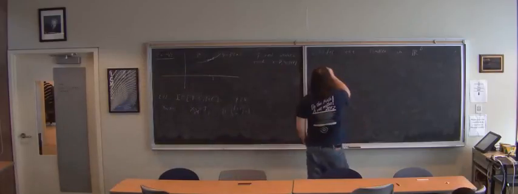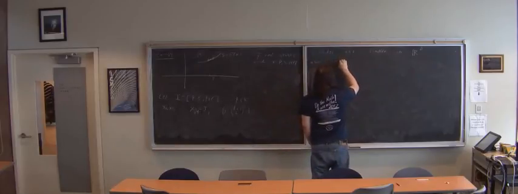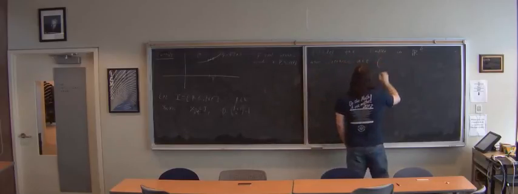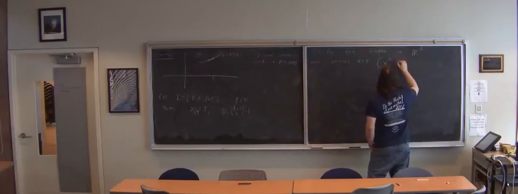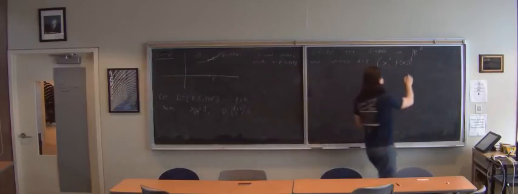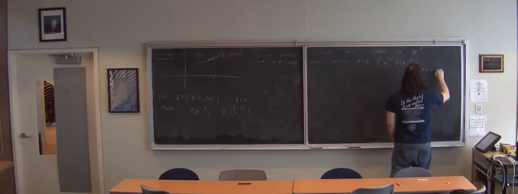So consider the points in R to the D whose vertices are the points xi to the a times f of xi to the b, where one is at most a plus b is at most d.